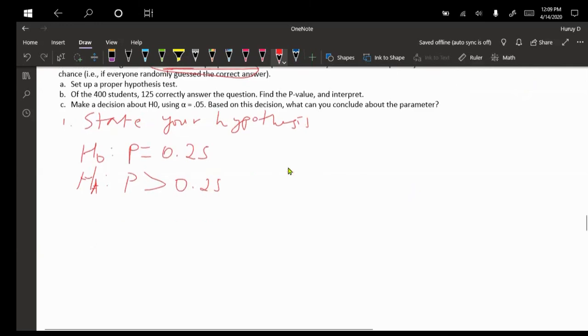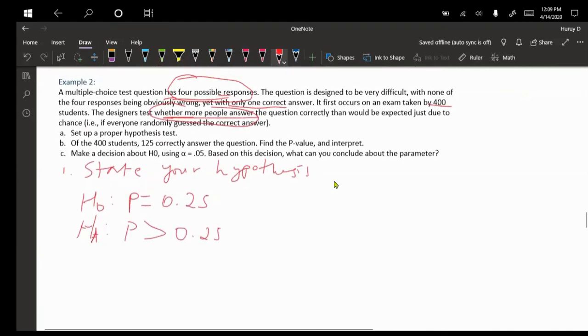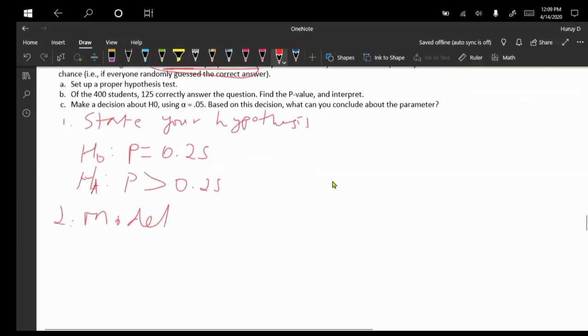Okay, and then we have the model, and the model is just the z-value. I'm not going to repeat everything that we talked about. So here we have p hat minus p sub naught over the standard deviation of p hat.